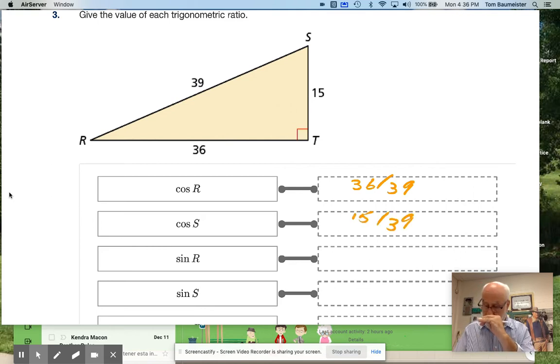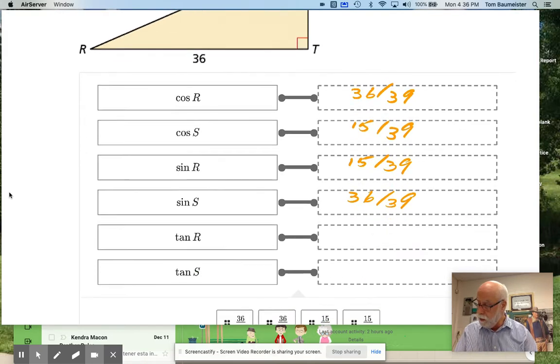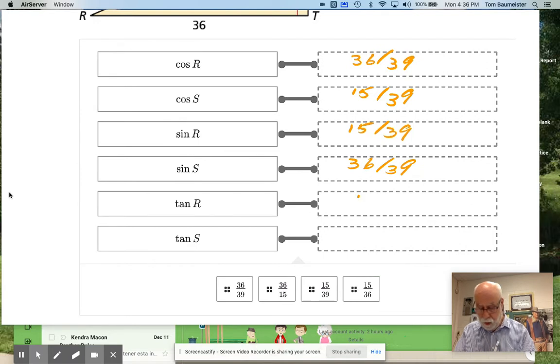Remember, the sine of one is the cosine of the other, so this would be 15 over 39 also, and this would be 36 over 39. Then our tangents: the first one would be 15 over 36, and our second one would be 36 over 15. All right.